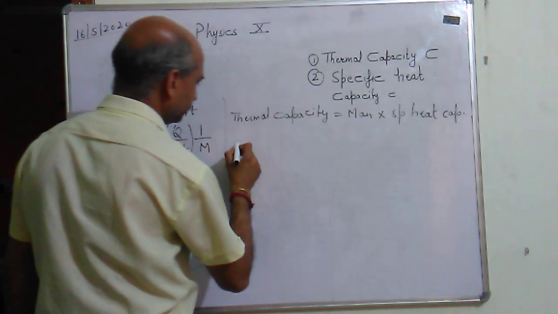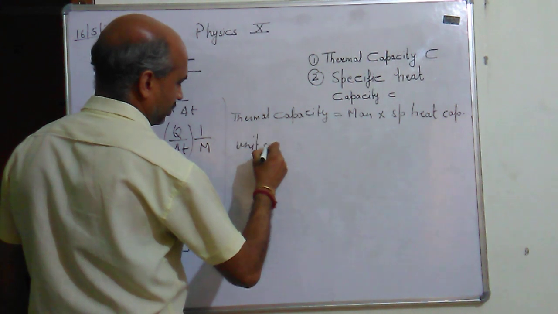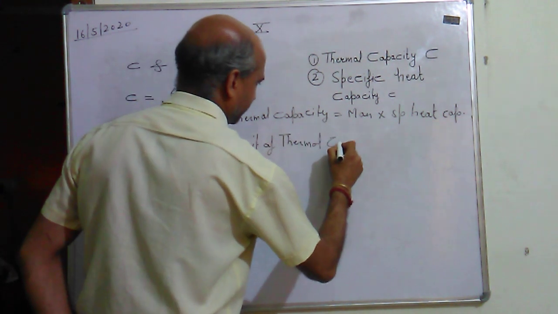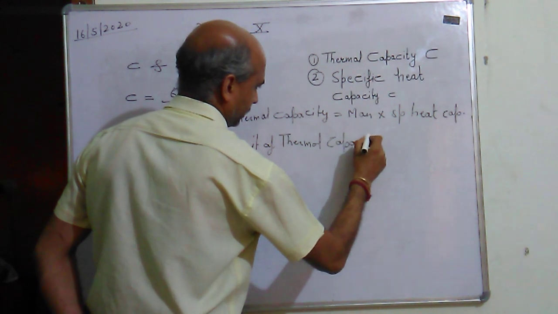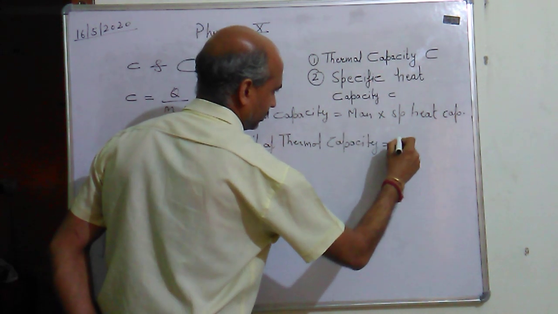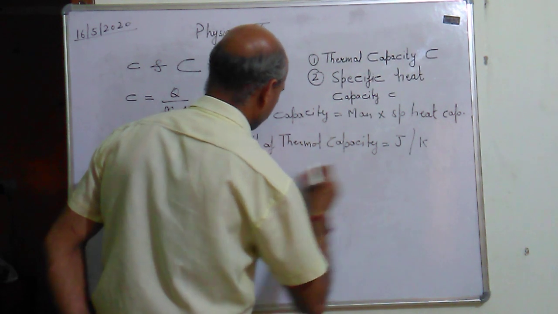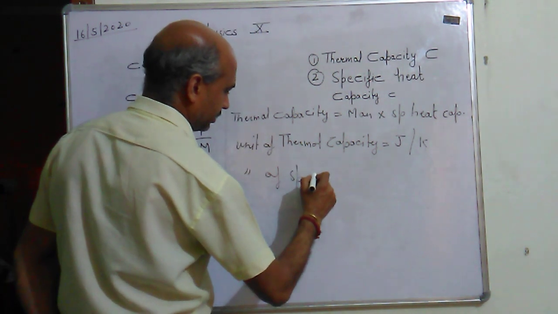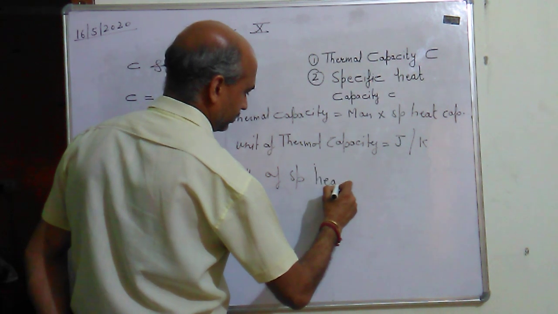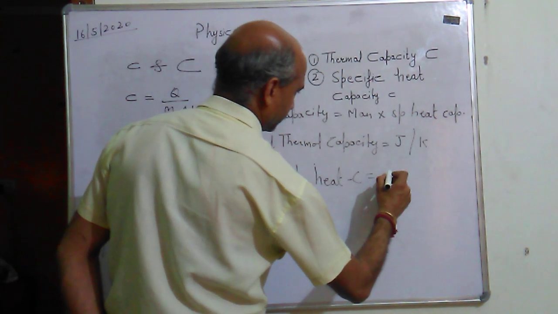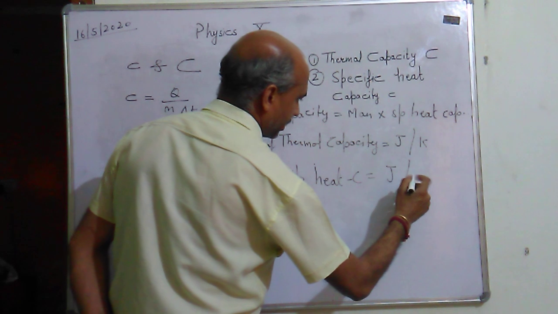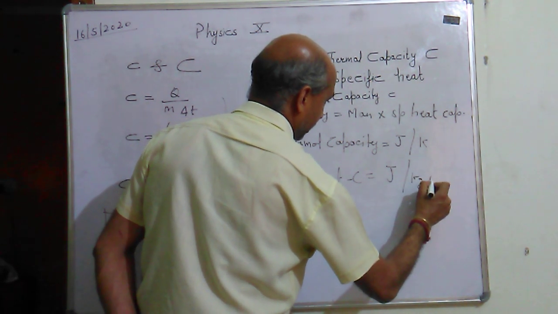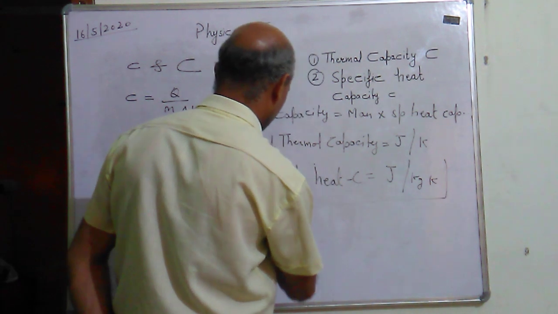The unit of thermal capacity is joules per Kelvin, and the unit of specific heat capacity is joules per kg per degree Kelvin. So these are the units.